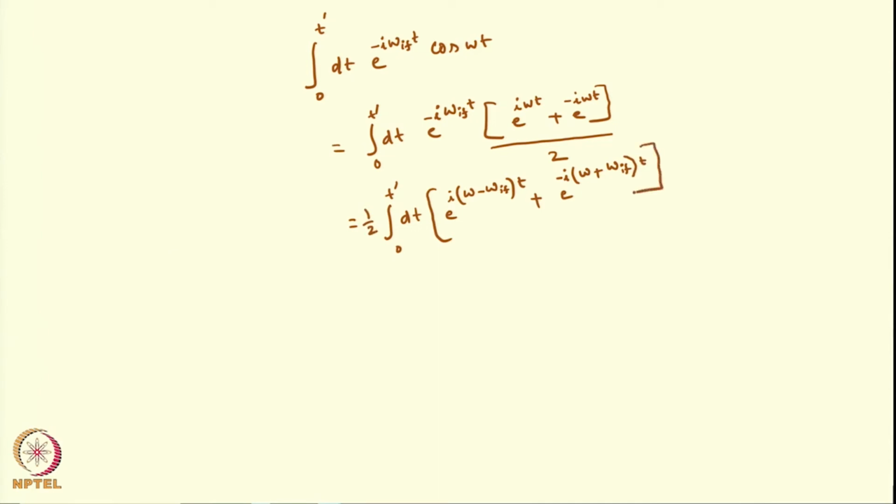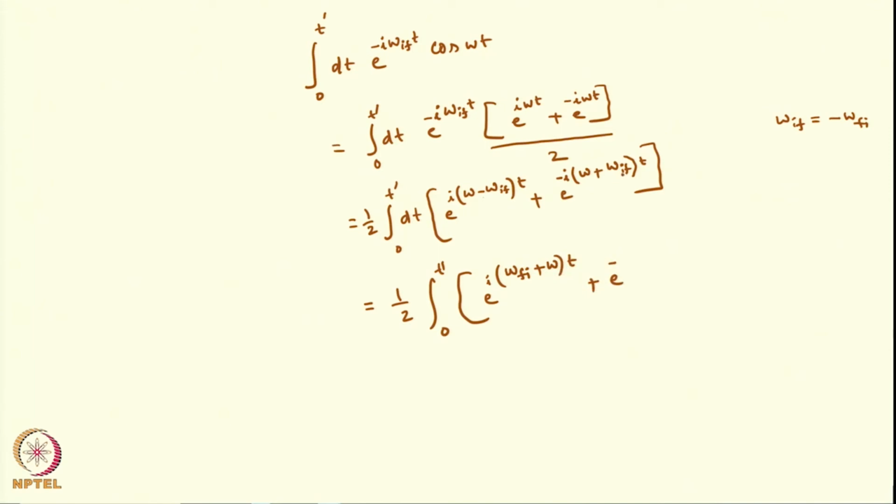I will get 2 integrals. Now, I am going to slightly rearrange this. So, this is called half integral 0 to t prime. So, omega if will become e to the power of i omega fi plus omega t, plus e to the power of minus.